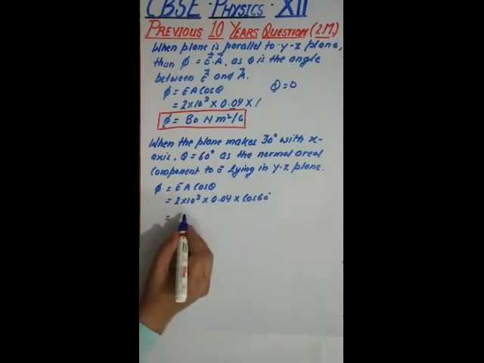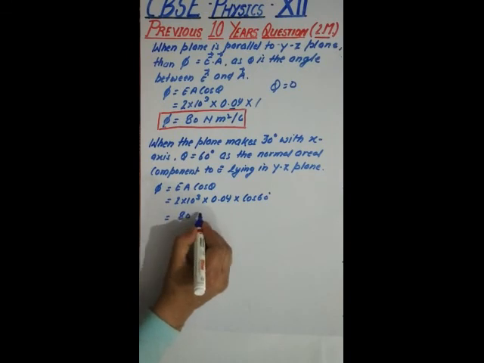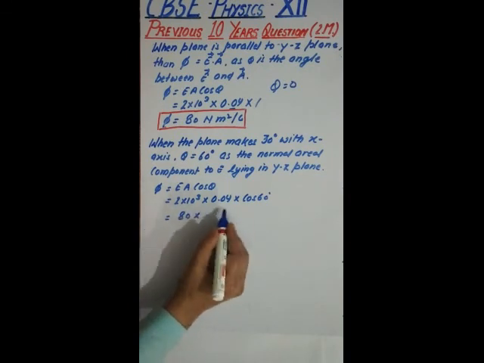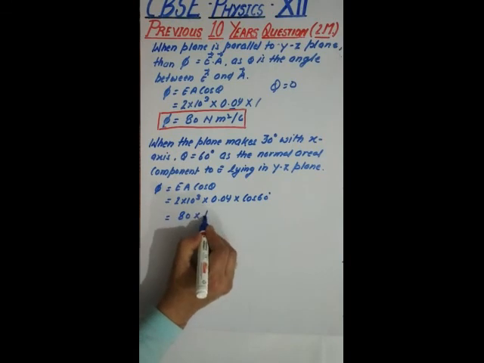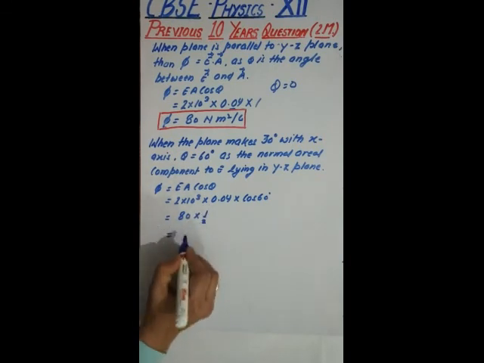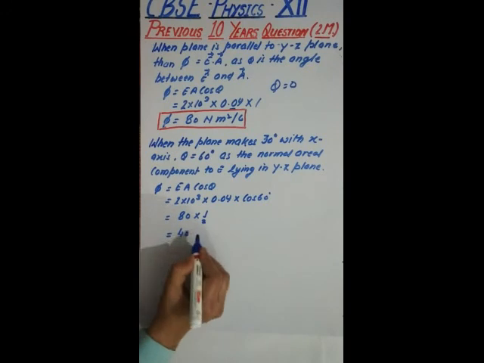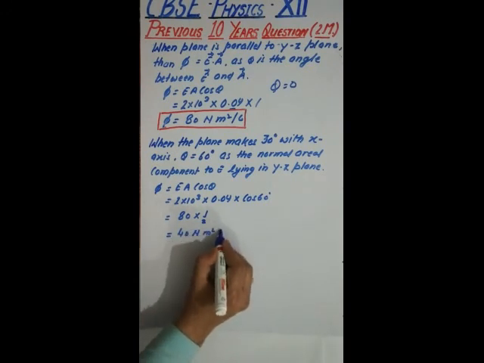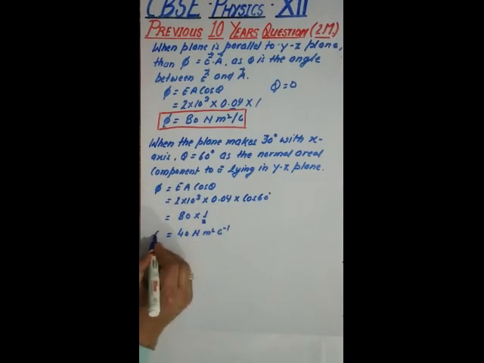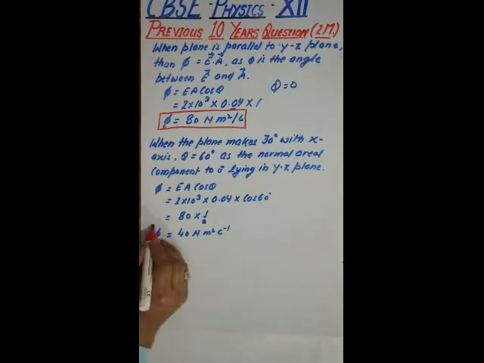So it will become 80 multiplied by cos 60 degree, 1 upon 2, which is 40 Newton meter square per coulomb flux, or 40 Weber.